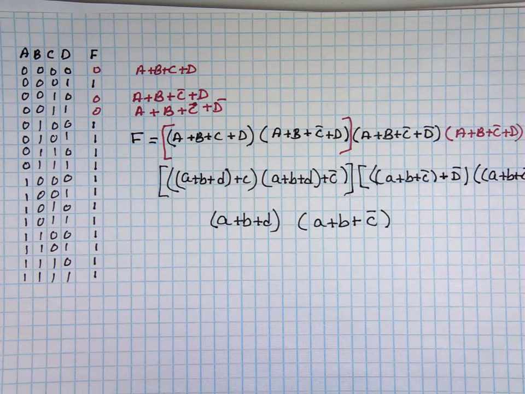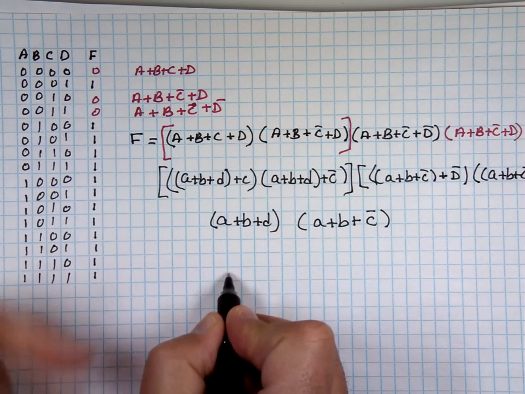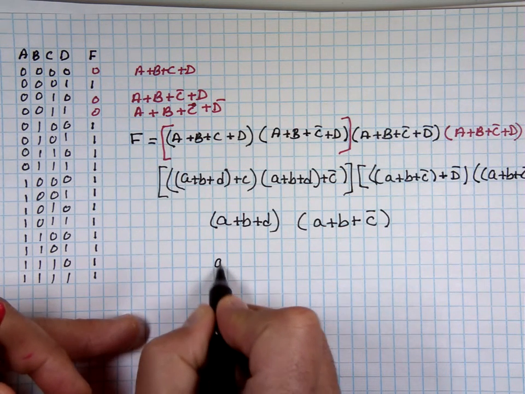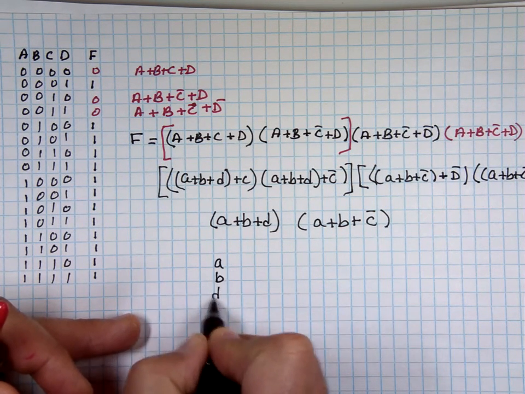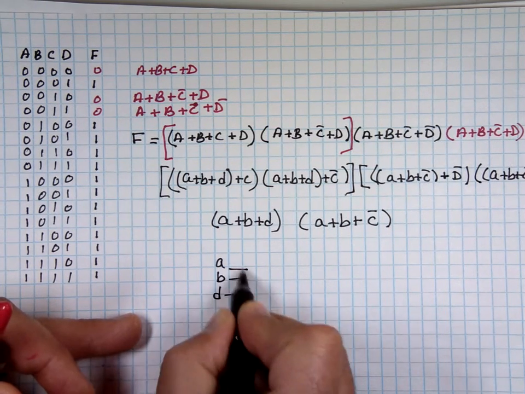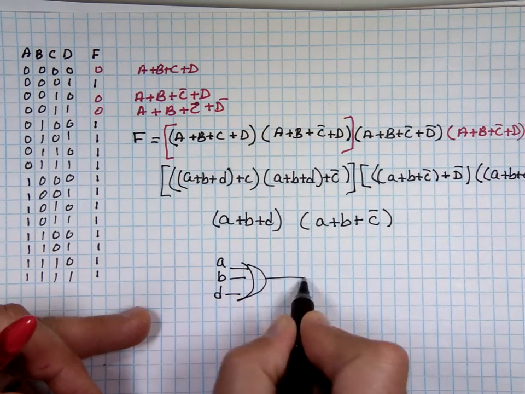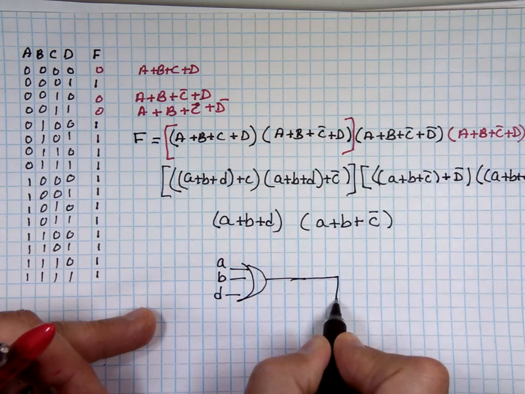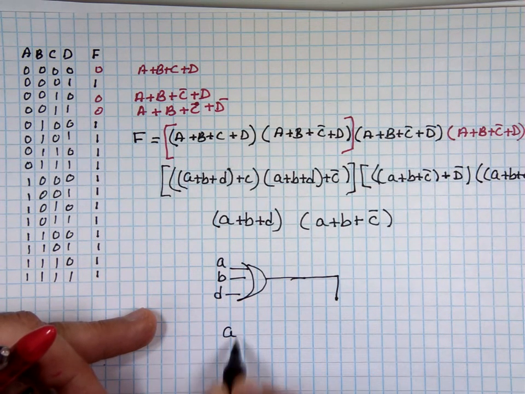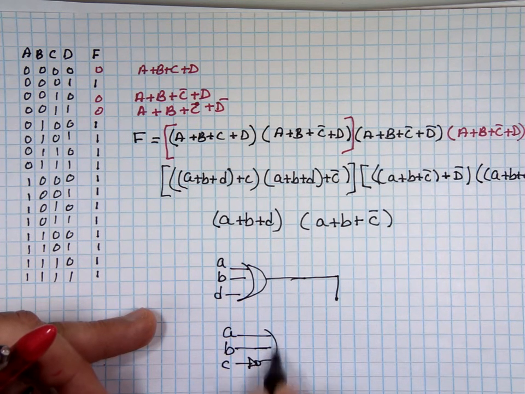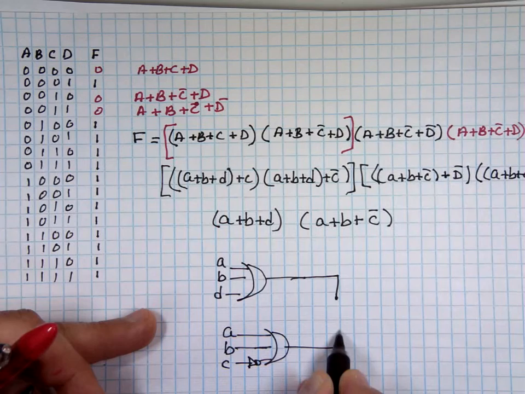So here we go. The design: A, B, D, OR gate. A, B, C bar going through a NOT, another OR gate. And the result is AND together.